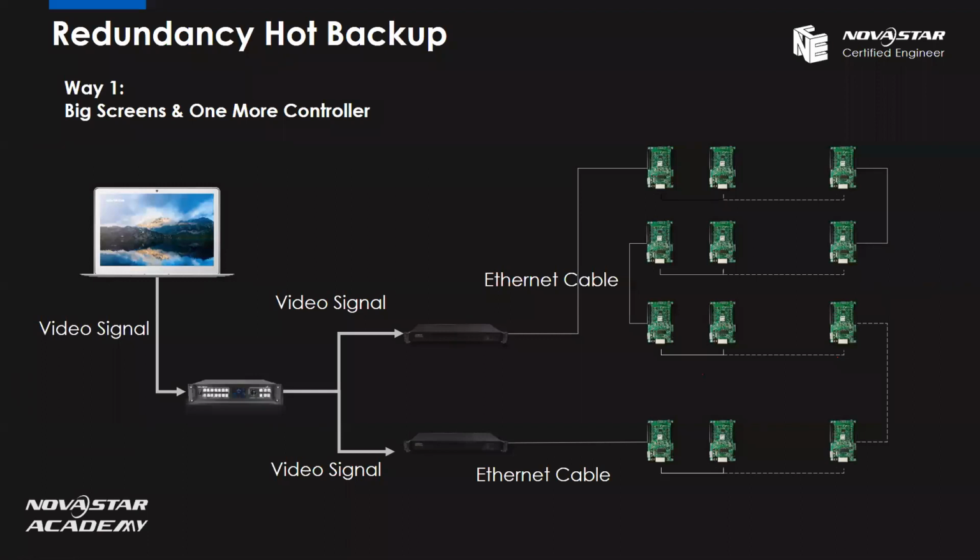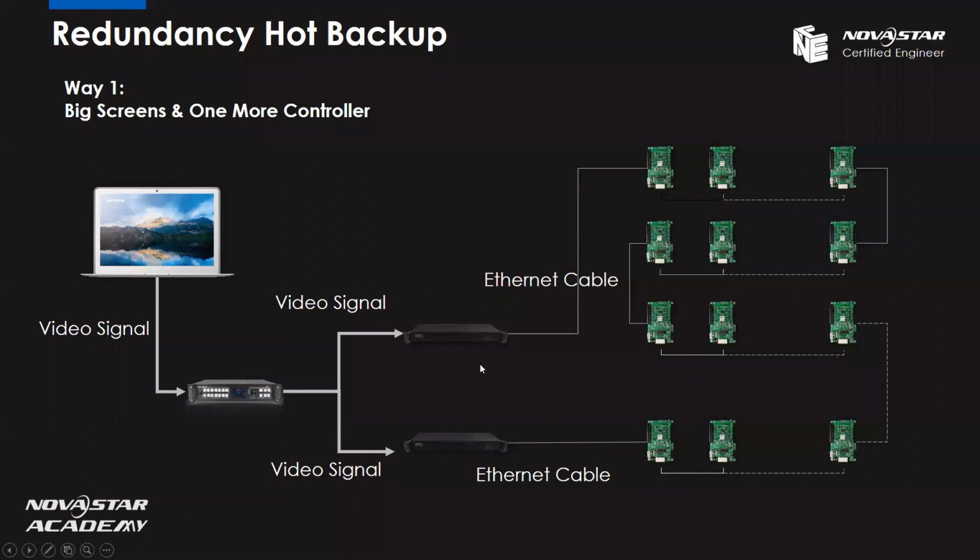I think some of you are quite familiar with it because it's a very popular product. We have 2 sending cards here. The top one is the primary sending card, using the Ethernet cable to load the whole screen. The second one works as a backup device to provide the Ethernet cable signal to the last panel on the screen.